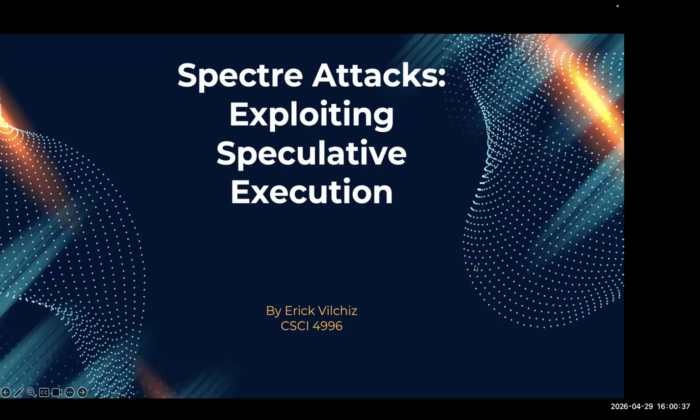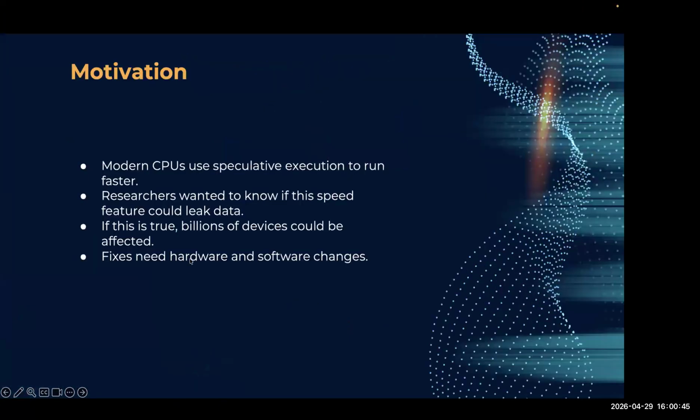Alright. So today I'm gonna be presenting the paper Spectre Attacks: Exploiting Speculative Execution. This paper became very important in cybersecurity because it showed that a feature used in modern processors for speed could also be used to steal sensitive information. So the motivation behind this paper was to study whether speculative execution could be abused.